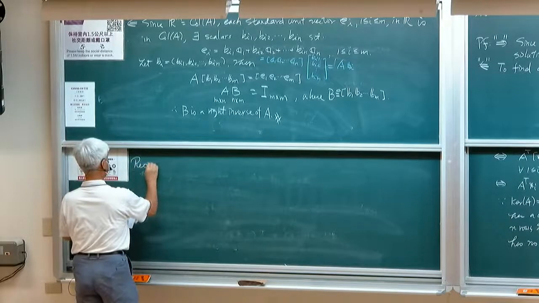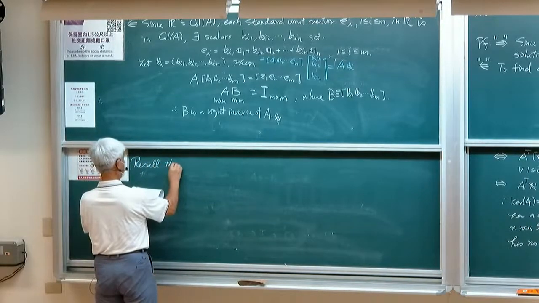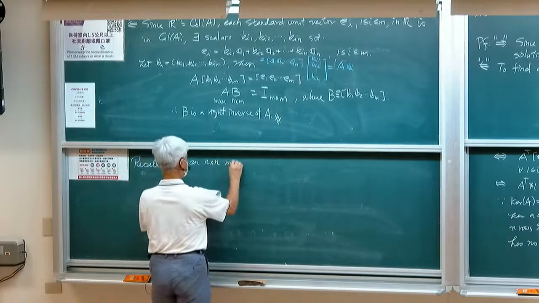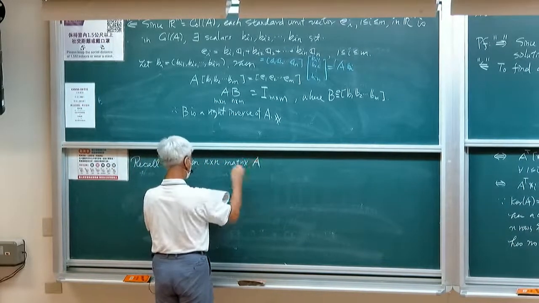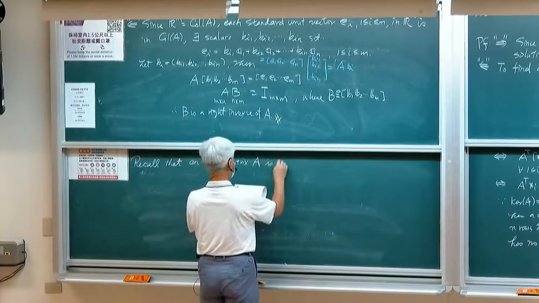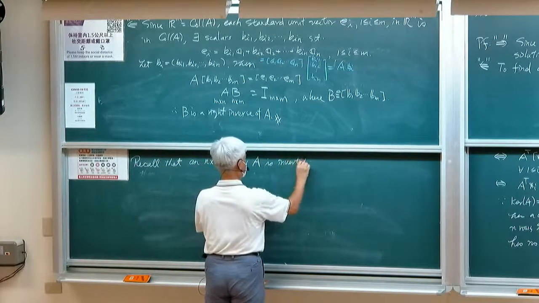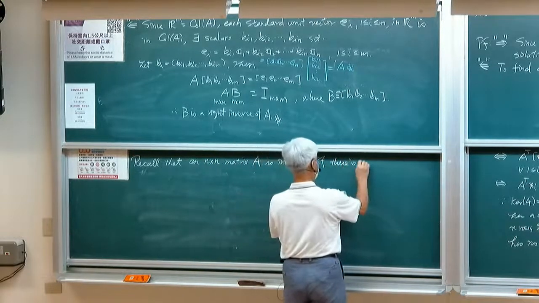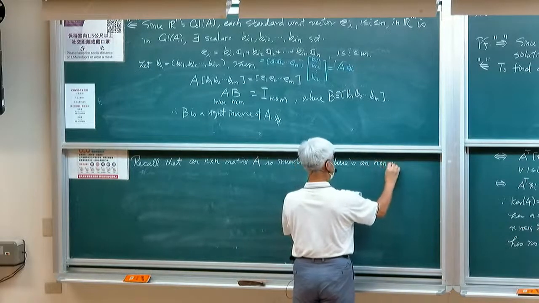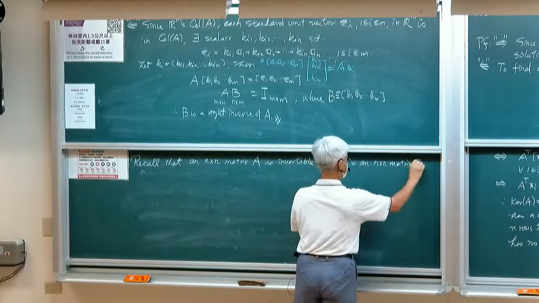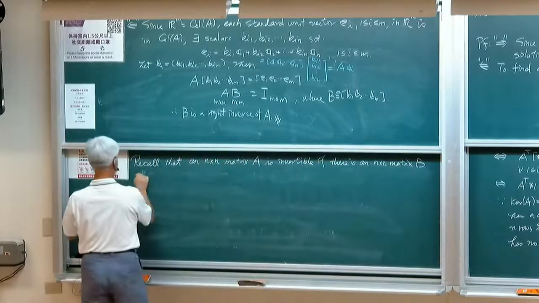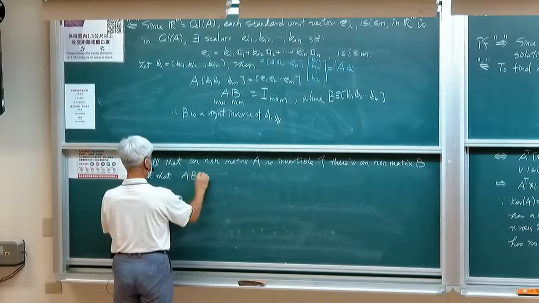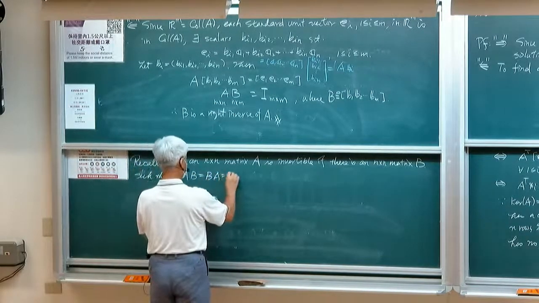So we recall that an n times n matrix A is invertible if there is an n times n matrix B such that AB equal to BA equal to the identity matrix.